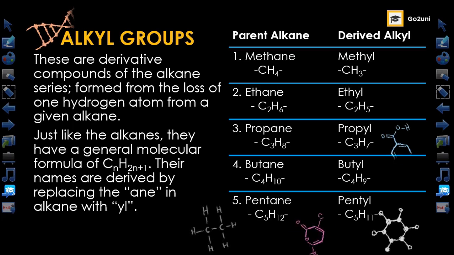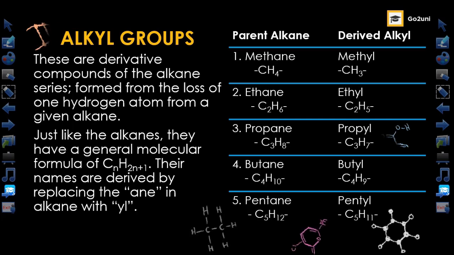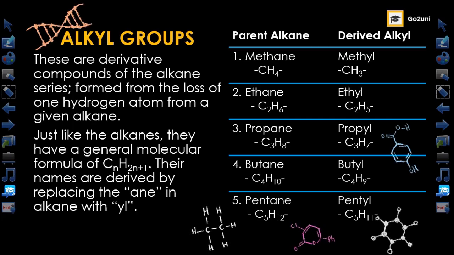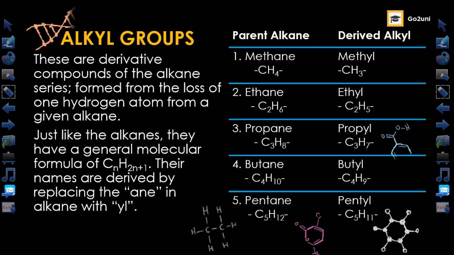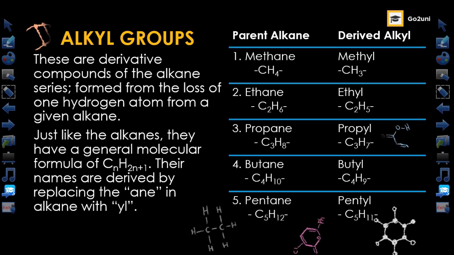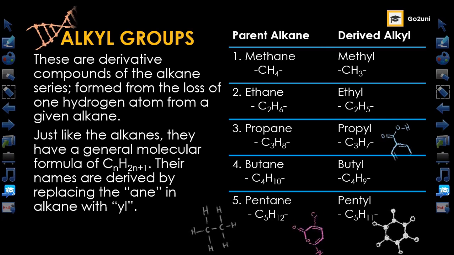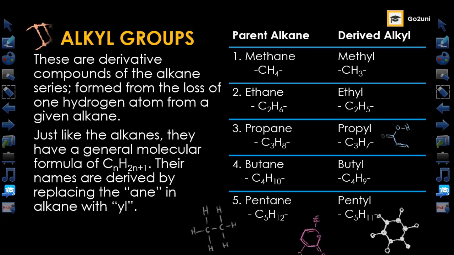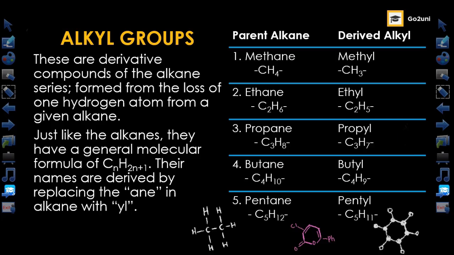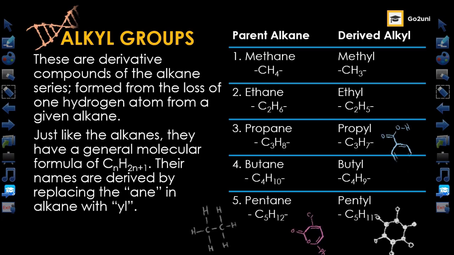And now we have approached that species, that compound called methyl. So CH3 is called methyl because it is a derived species from methane, when methane loses one hydrogen atom.